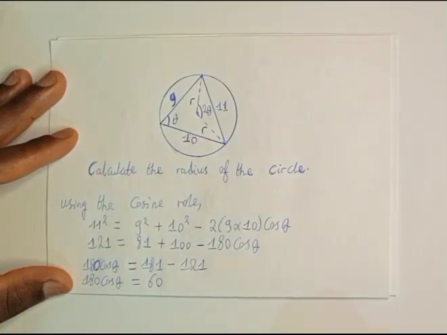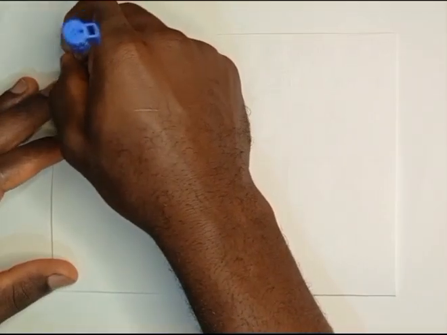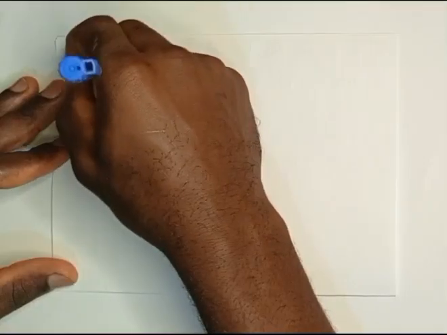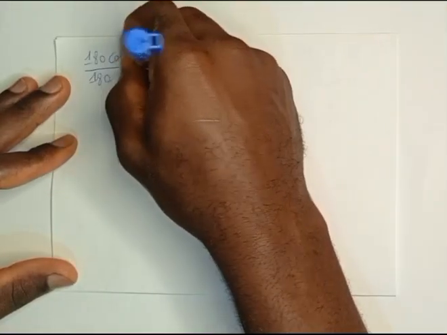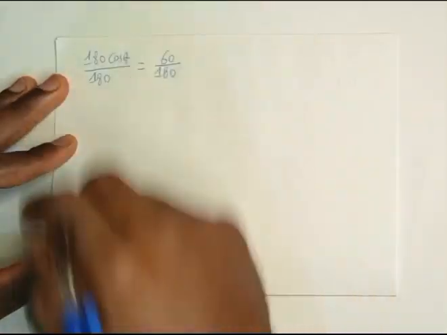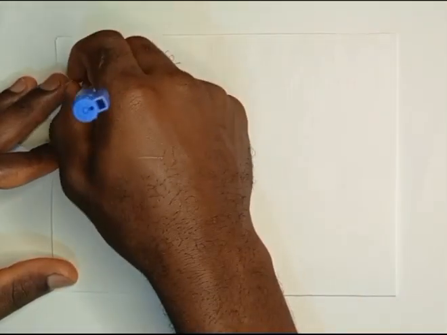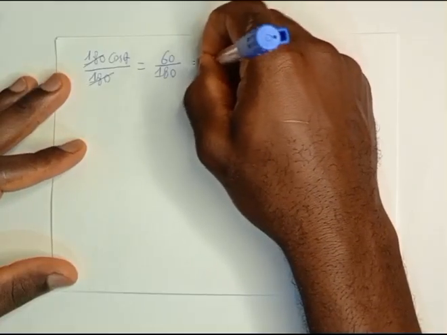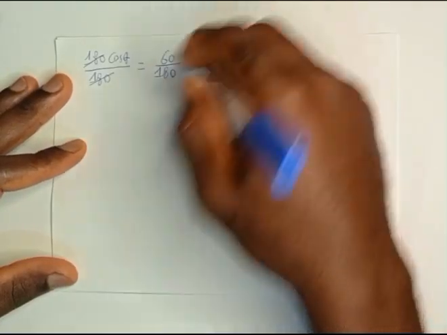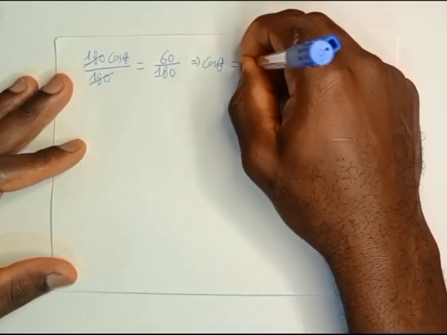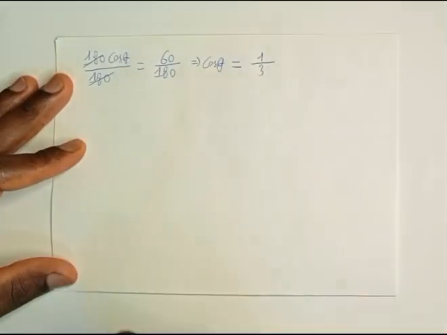Next, we have to divide all through by 180. 180 cos theta divided by 180 is equal to 60 divided by 180. 180 will strike off 180. This will imply that cos theta will be equal to, we can simplify 60 over 180, and this will give us 1/3.